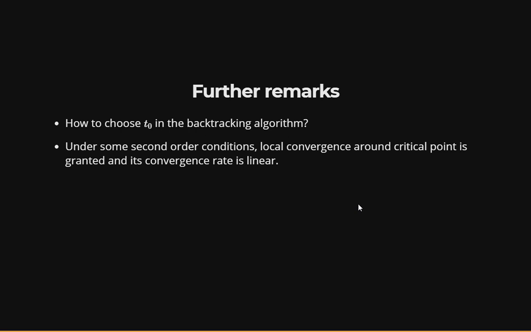Given second order conditions, if you studied the Euclidean case in some numerical analysis course, you know that if you have some information about the Hessian of your cost function, there is convergence, and the convergence rate is linear at most.